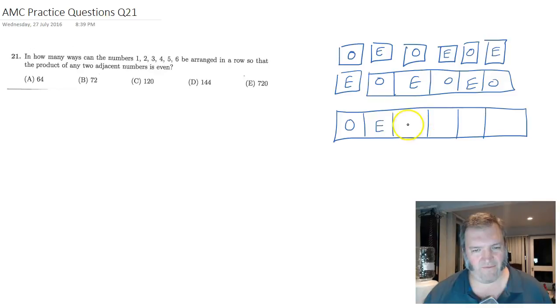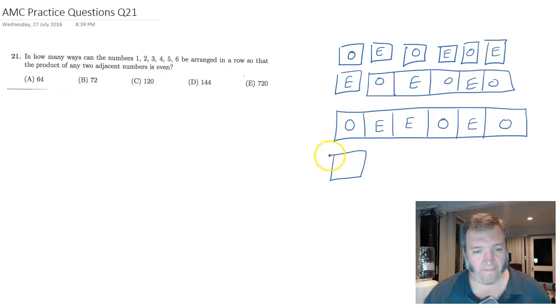If I put another even one here, I'm going to be forced to have two odds next to each other, am I? Or am I not? Can I avoid it? I could have even there, odd, even, odd. And here you can see no adjacent pair consists of two odd numbers, so I'm still okay.